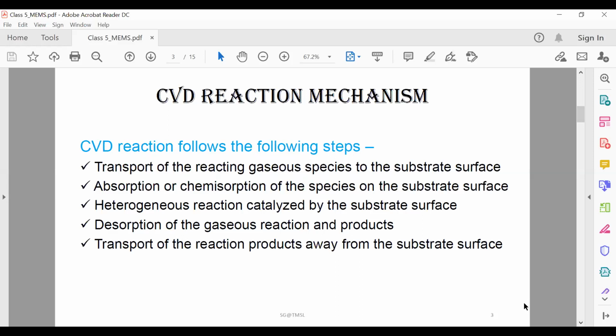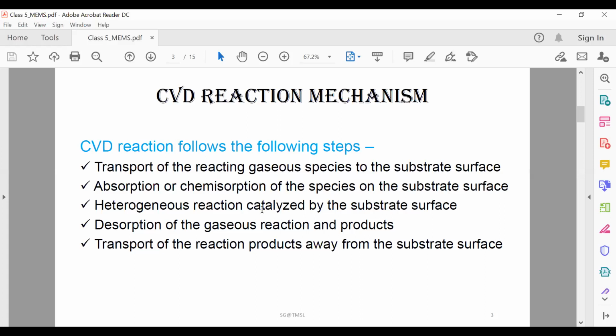Now, the CVD reaction mechanism. Here, what are the reaction steps? First, transport of the reacting gaseous species to the substrate surface. Then what is the next step? Absorption or chemisorption of the species on the substrate surface, because after transportation those species have to be absorbed. The third step is a heterogeneous reaction catalyzed by the substrate surface.